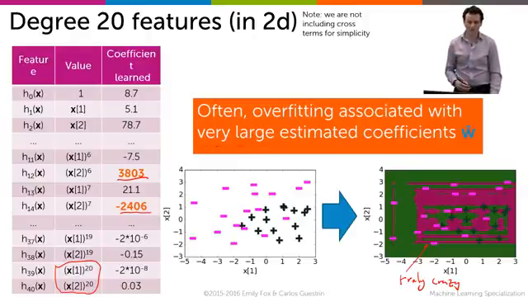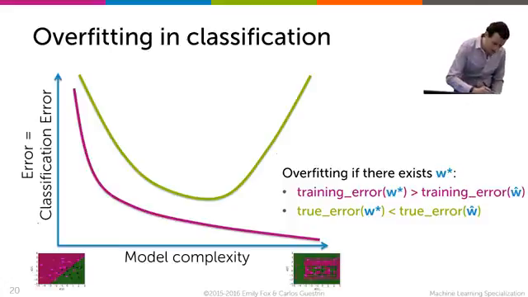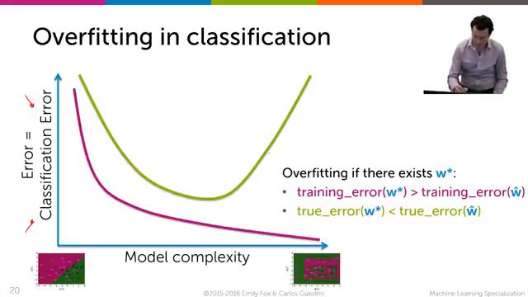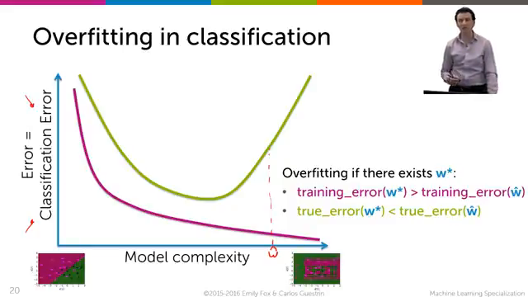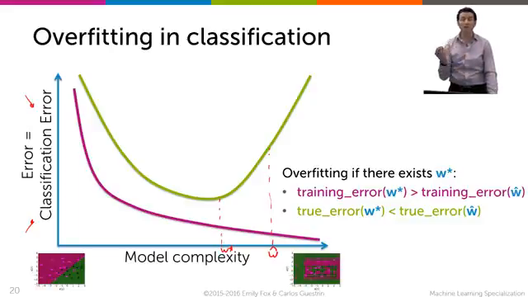to avoid overfitting. So the notion of overfitting in classification is very similar to that of regression, except that the error now is measured in terms of classification error. And there might be some set of parameters that we learn here, w hat, which seem to do very well in the training data, maybe even with crazy boundaries, while there was some other set of coefficients, w star, that would have done much better in terms of true error.